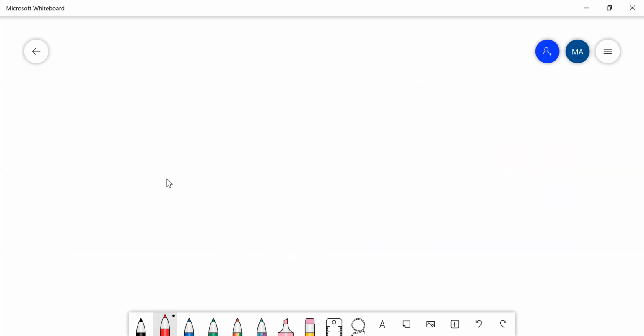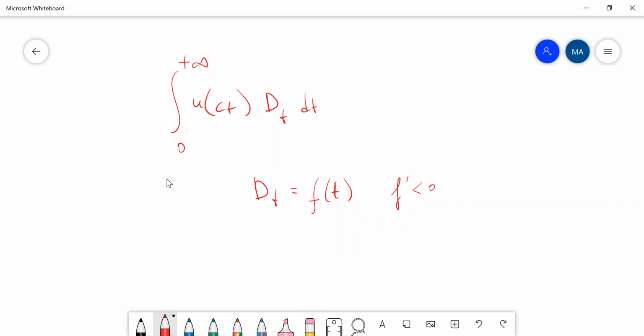So in general, we write something like this. This is not very typical in mainstream econ, but especially in some environment problems, we sometimes write this. Again, you have some utility, and then there is this discounting term. Let me use another letter. And again, you change the time. Now this discounting term will in general be some function of t, and typically we imagine that it is a decreasing function of t.